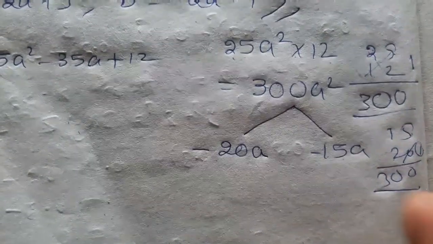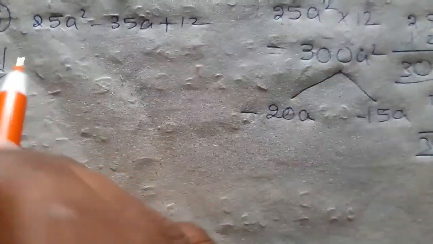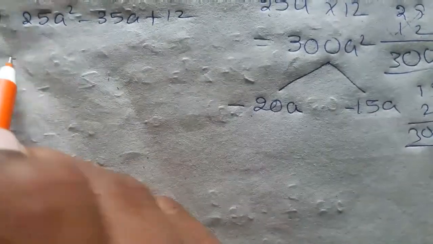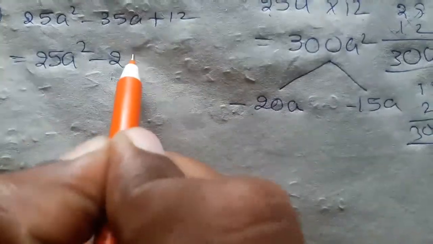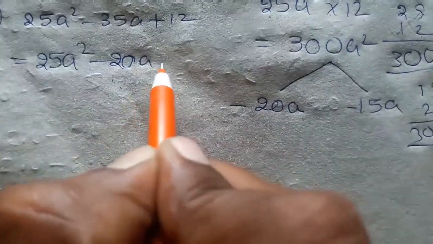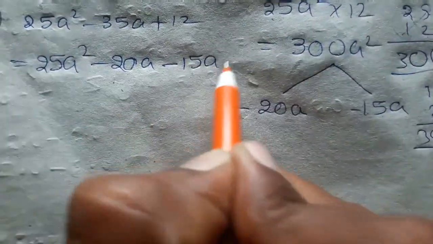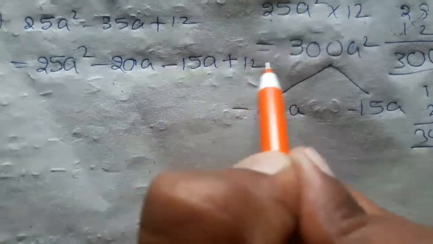So now this can be written as 25a square minus 20a minus 15a plus 12.